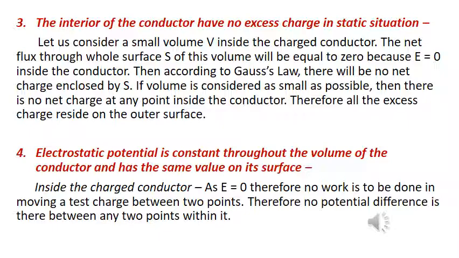Therefore, no work is to be done in moving a test charge between 2 points inside the charged conductor, according to the formula W equal to integral of E dot dS. Therefore, there is no potential difference between any 2 points within it.